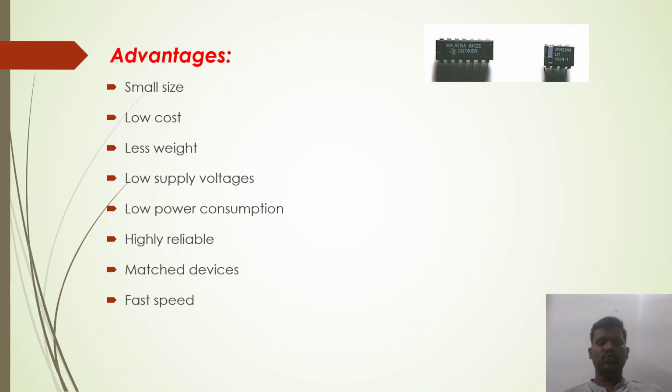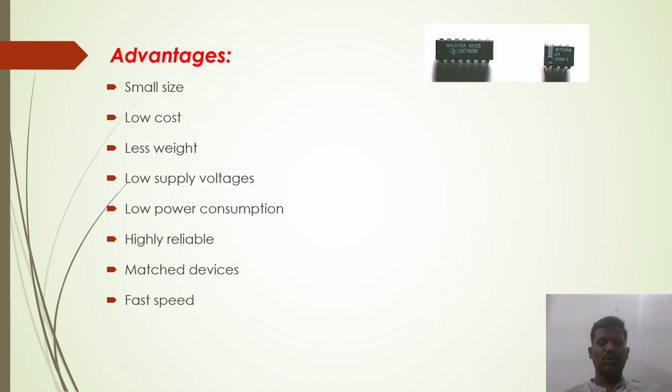These are the main advantages of an integrated circuit compared with a discrete component circuit. The first and foremost is that the size of the circuit becomes very small with IC, and the cost involved in the fabrication of the same circuit becomes very low.